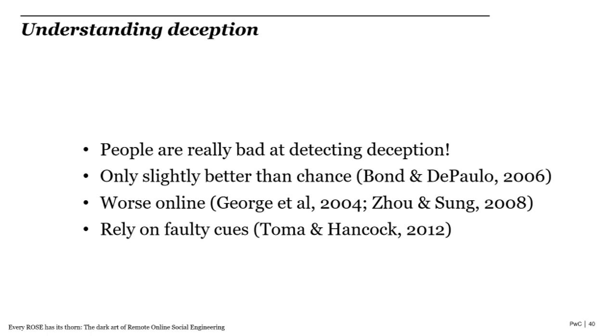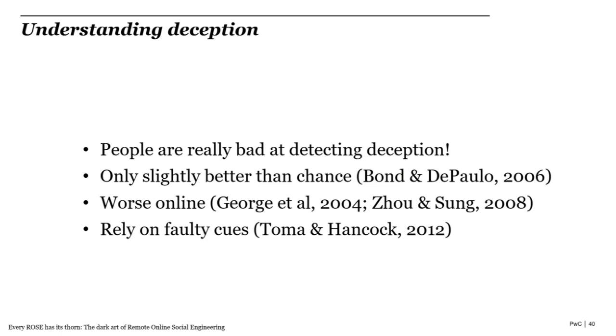Even though we know that people are lying to us all the time and we're lying to other people all the time, most people have only a slightly better than average chance of knowing when someone else is lying. And that's even worse when it comes to online deception. Because we rely on faulty cues, potentially because of the amount of bad crime dramas that are out there, we think that certain cues are telling us when people are lying, when in fact they're not.